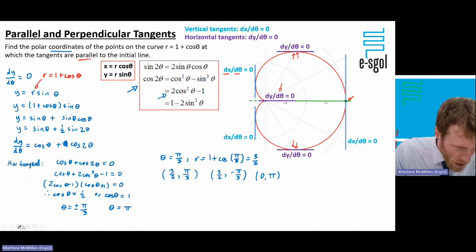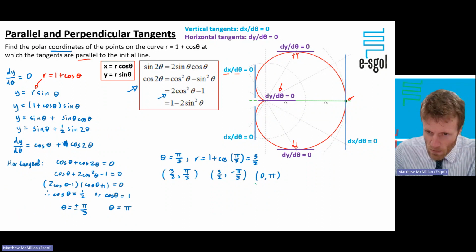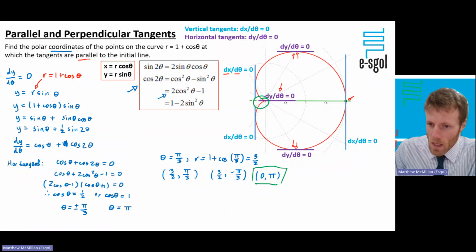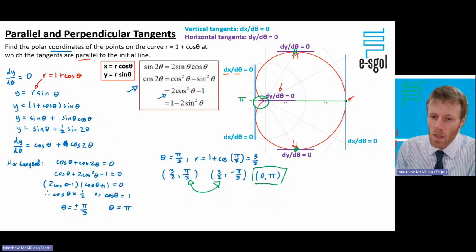If they do give you a sketch, which they have given you a sketch here, just have a look at it and think, is that one, for instance, sensible? Yes, that is sensible because the radius will be 0 and it seems to be at pi. Are these sensible? Yes, they seem to tie up with 1 over here and 1 over here. So they look like sensible solutions.